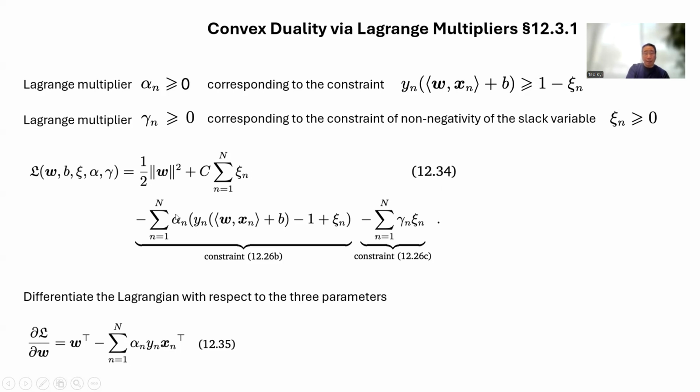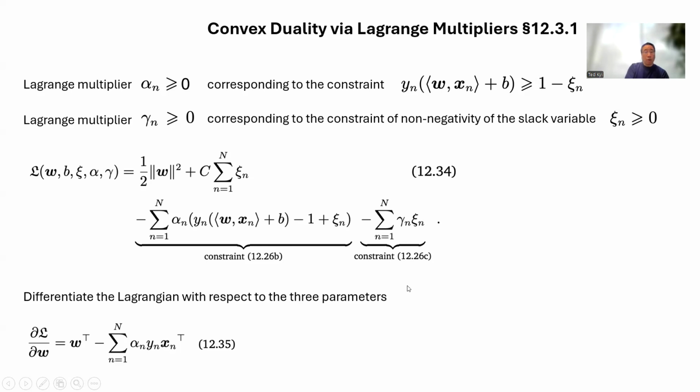Then we're going to have this alpha constraint, which has to do with points on the wrong side of the line, and this constraint over here has to do with the sum of all the slack variables. Sorry, I don't remember this derivation exactly.